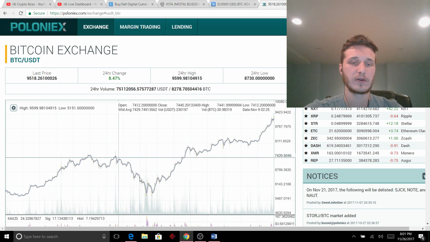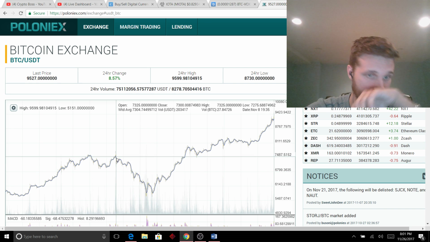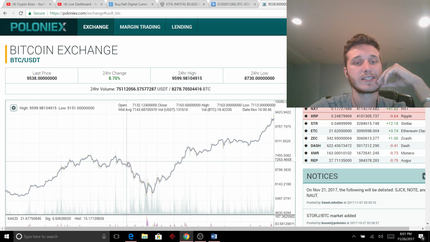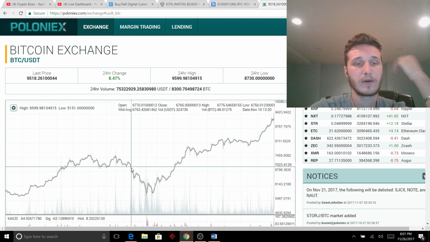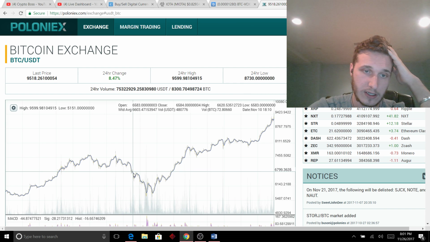Also, if you see it go down like this, say you bought it at the exact highest price over here that you could have bought it, and then you see it going down. If you're going to sell, I would have sold it at least by here, or maybe by here.